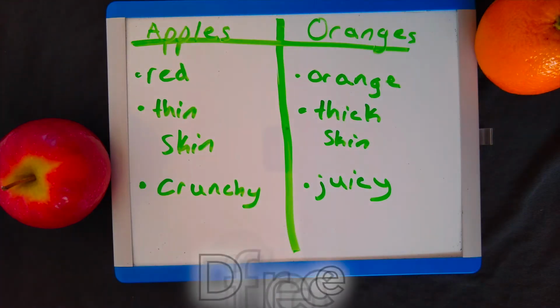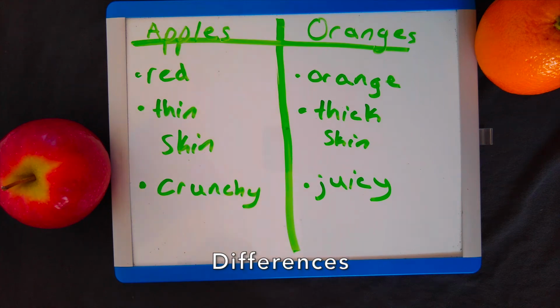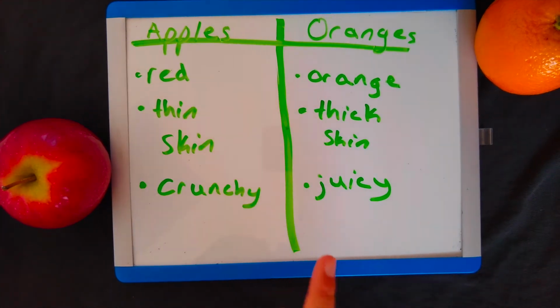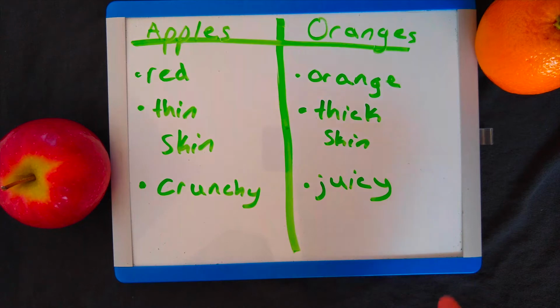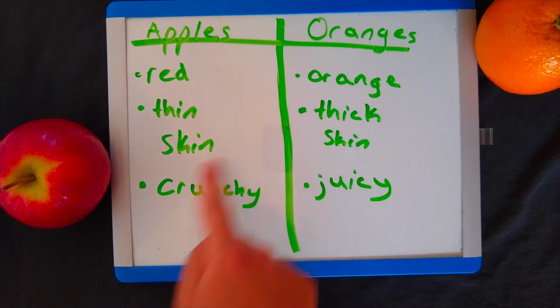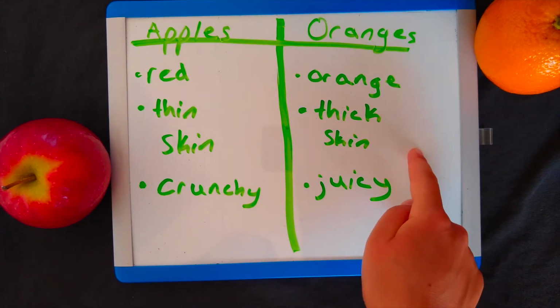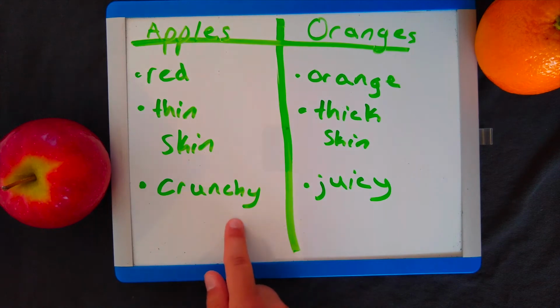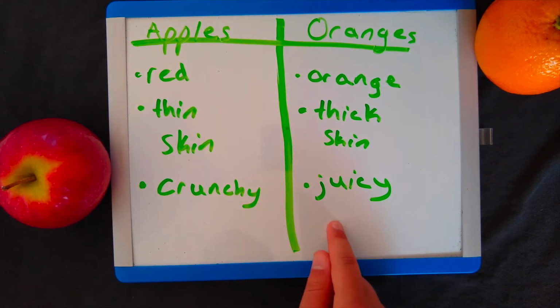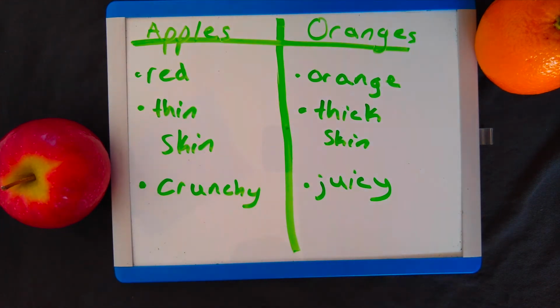To contrast apples and oranges, apples are red, whereas oranges are orange. Apples have thin skin, whereas oranges have thick skin. Apples can be crunchy, and oranges can be juicy. Remember, these are just some examples. You may have different ways to contrast these. Get creative. Great job, everyone.